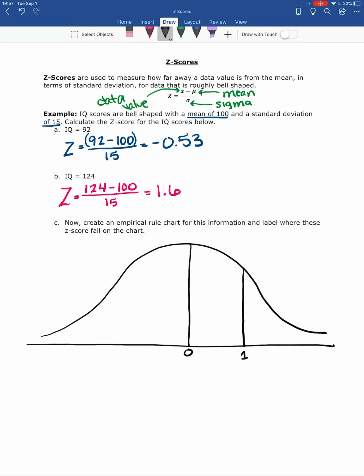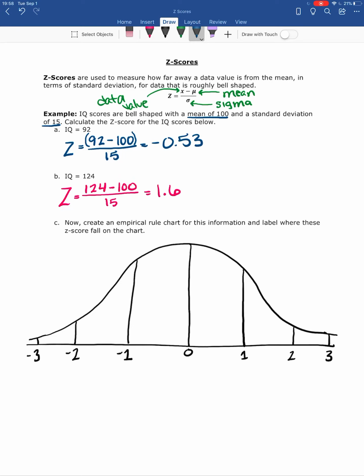And then we have 1 standard deviation above the mean, 2 standard deviations above the mean, and 3 standard deviations above the mean. And then we have negative 1, so 1 below, 2 below, negative 2, and 3 below, negative 3. So when we were doing this with the empirical rule, we were actually figuring out what those values were in terms of the problem. But I just want to look at where these z-scores are going to fall.